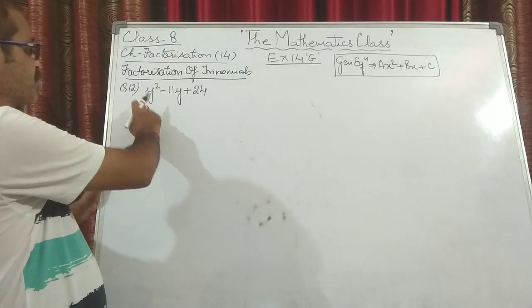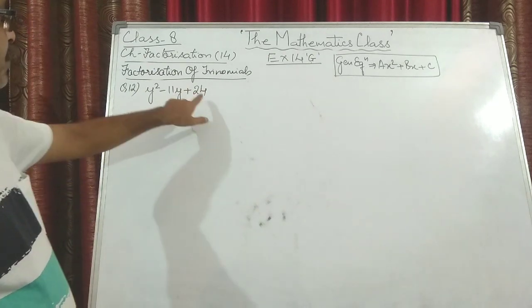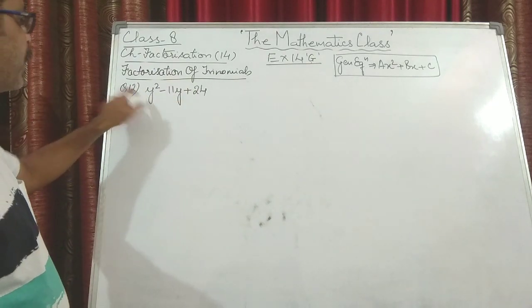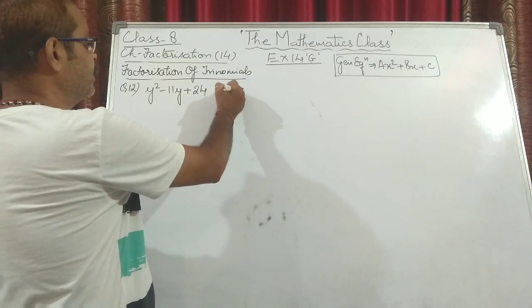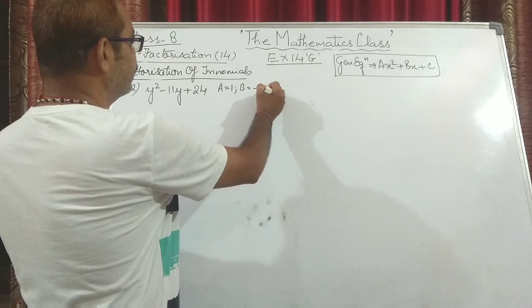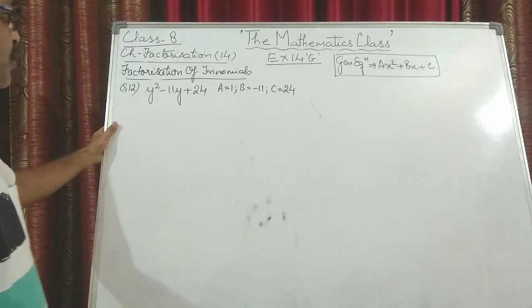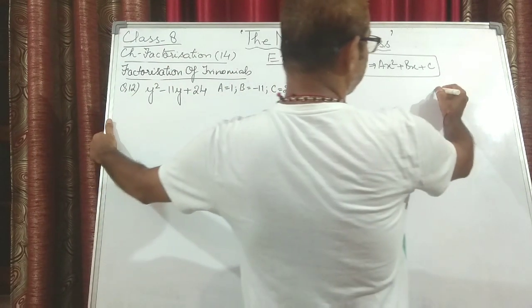Next question I am taking question number 12, y square minus 11y plus 24. Now 24 is C and A is 1. A is 1, B is minus 11 and C is 24. We need to factorize 24 in order to get 11.